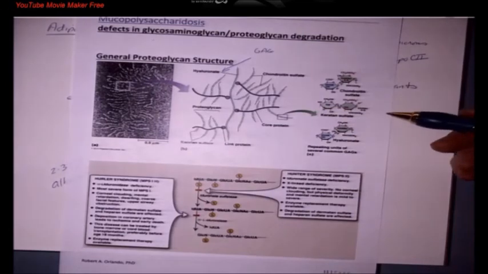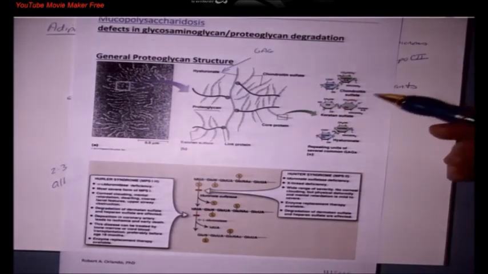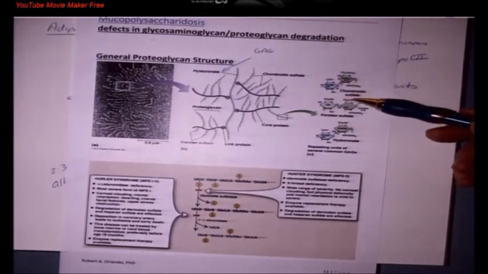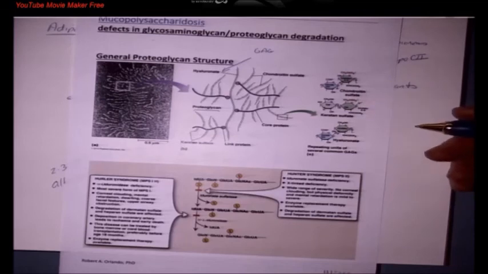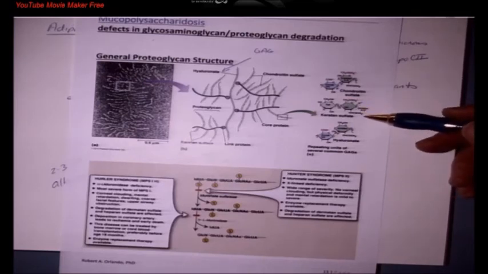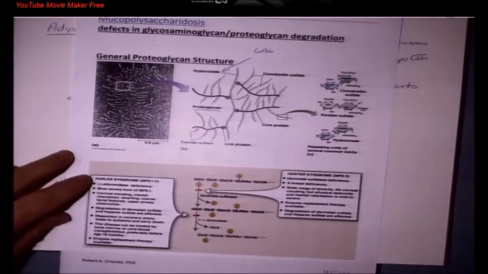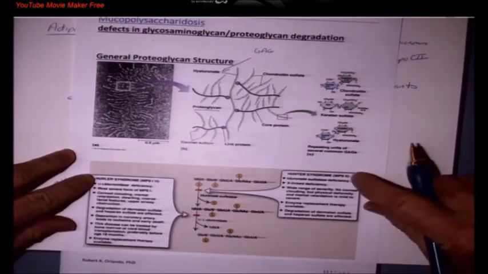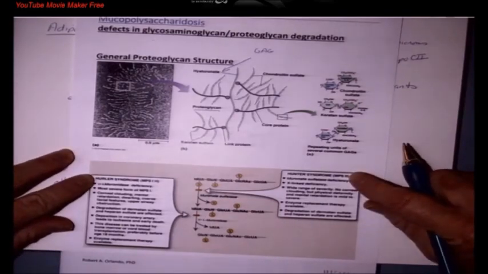So you can imagine during development with remodeling structures, these are laid down for cell migration and cell attachment, and then during remodeling, they have to be taken up by cells, sent to lysosomes, and degraded. The two common ones are Hurler syndrome and Hunter syndrome.